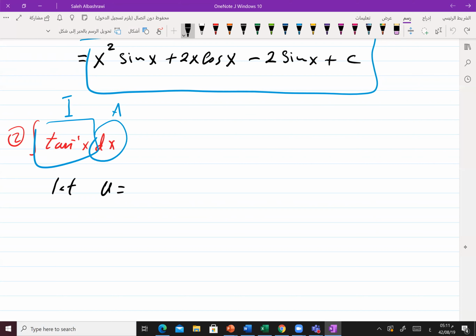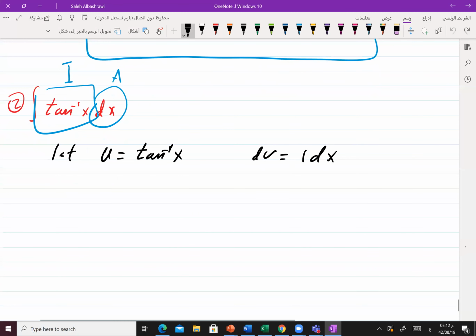So I will let u equal tan inverse x and dv will be 1 dx. If we differentiate, I will get du equal to 1 over 1 plus x squared dx, and integration of dv gives v equal to x.